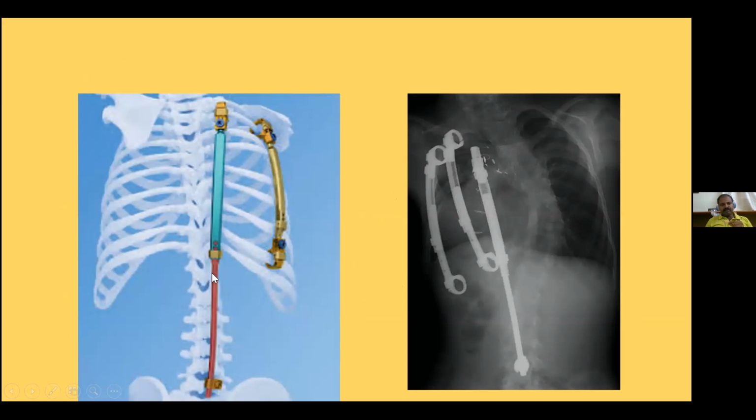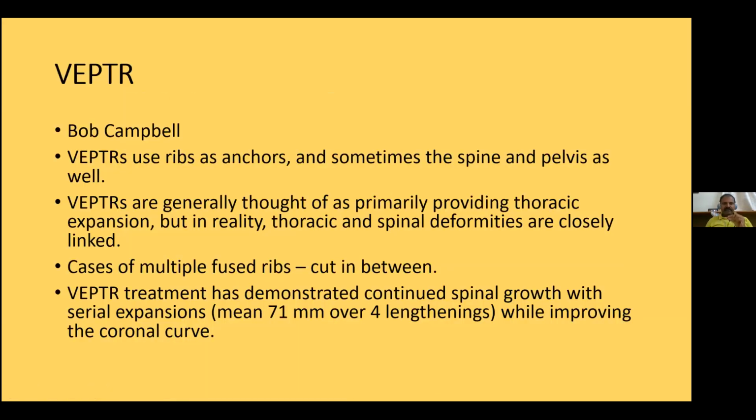So vectors are generally thought to improve the pulmonary function, that is for the ribs, but in reality the thoracic cavity and spinal deformities are closely linked, so even if you bring it to the anchors, it can be brought down to the spine to get it corrected so that the thoracic volume increases.